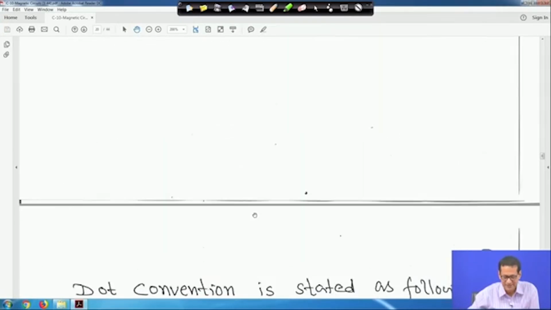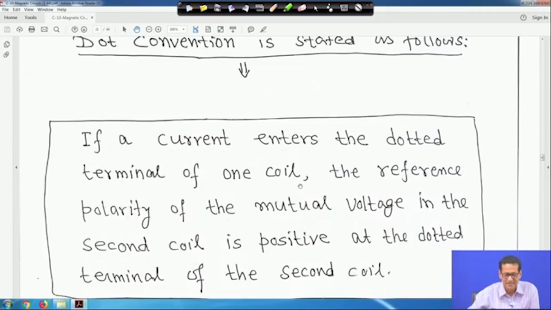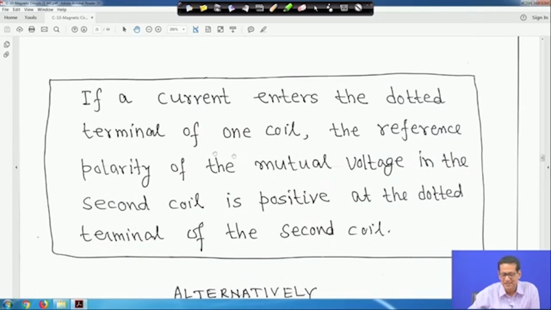Now, the question is, suppose the dot convention is stated as follows: if a current enters the dotted terminal of one coil, the reference polarity of the mutual voltage in the second coil is positive at the dotted terminal of the second coil. This is the language I have written, and we will come to that figure.